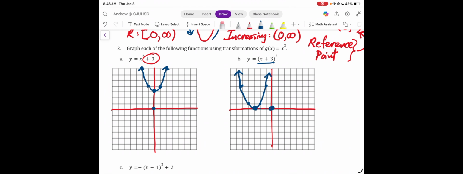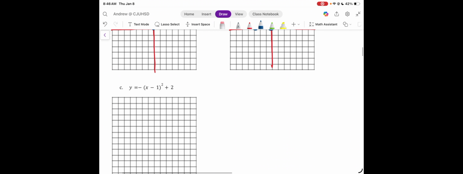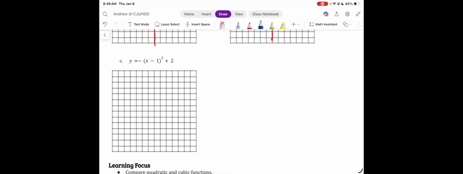And this last one, a couple of things are happening to it. This negative out in front is going to flip it around. It's going to make it kind of a sad face parabola, or crying. But the x minus 1 is going to shift it 1 to the right, and the plus 2 at the end is going to shift it up 2. So you do all those things at once.